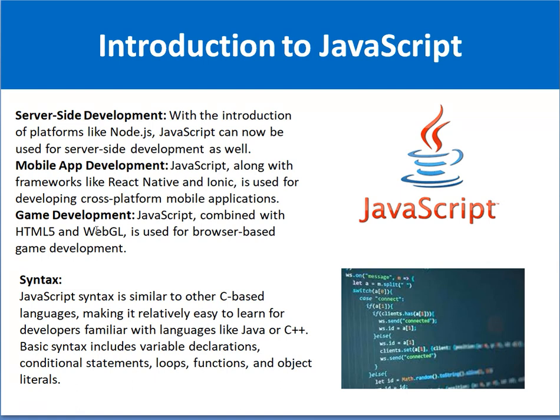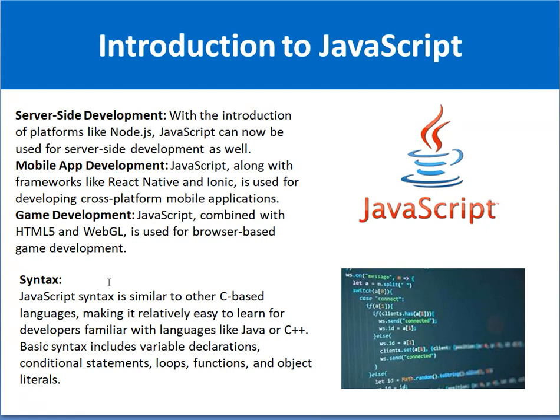Then syntax. JavaScript syntax is very similar to C-based languages, making it relatively easy to learn for developers familiar with Java or C++. So if you already know Java, C++ or C, you will definitely see a similarity in the syntax of JavaScript as well.